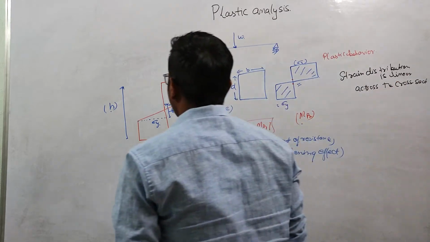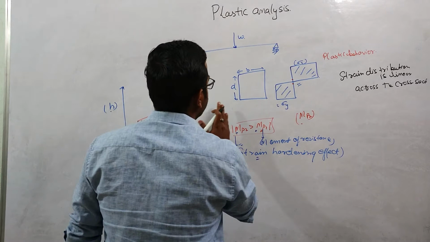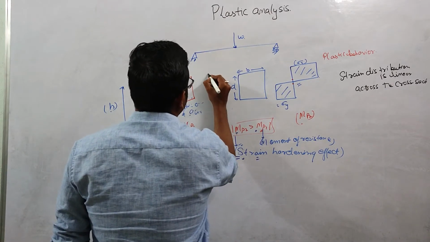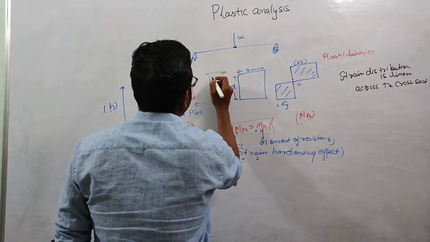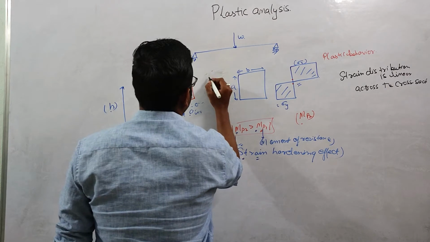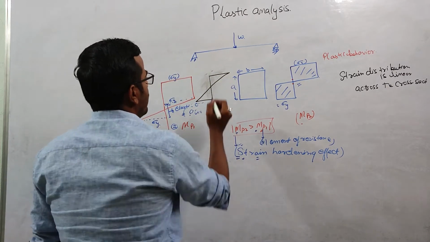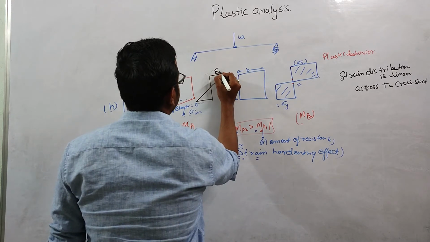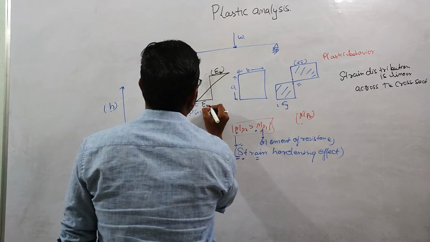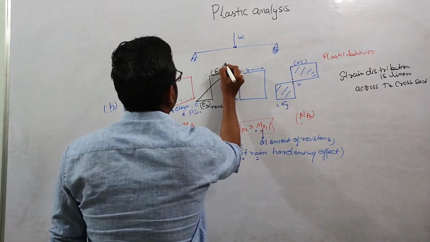So I will draw the strain distribution over here. The strain distribution will look like this. At this point, let us suppose there will be some ultimate strain, epsilon U. Similarly, there will be an ultimate strain on the other side, where this is tensile and this is compression.